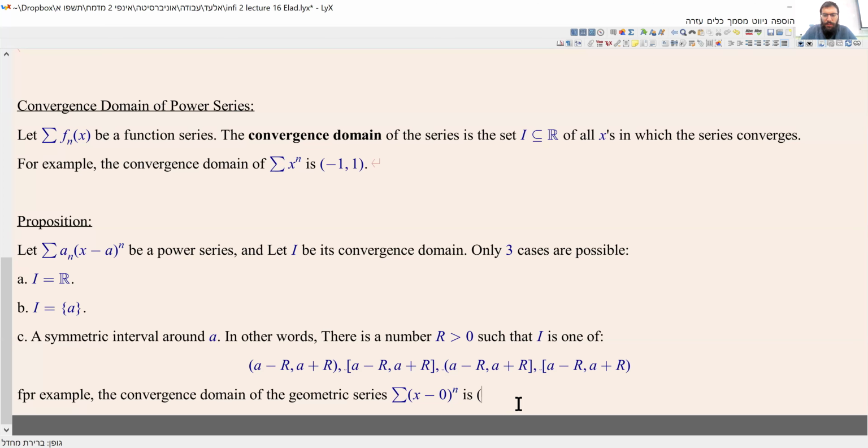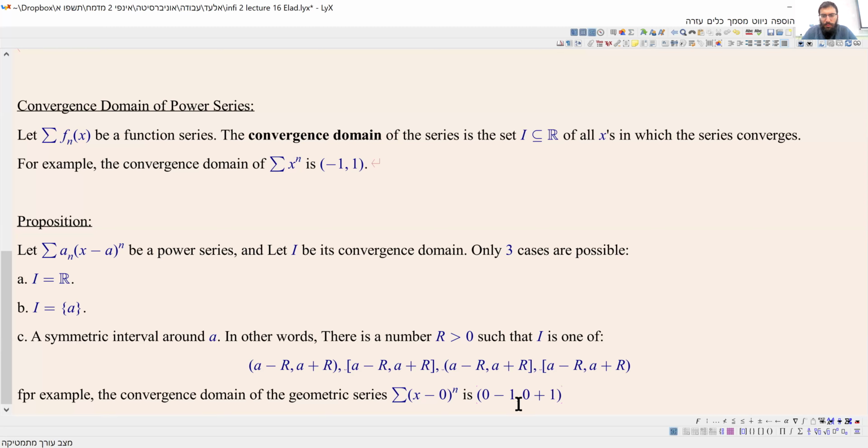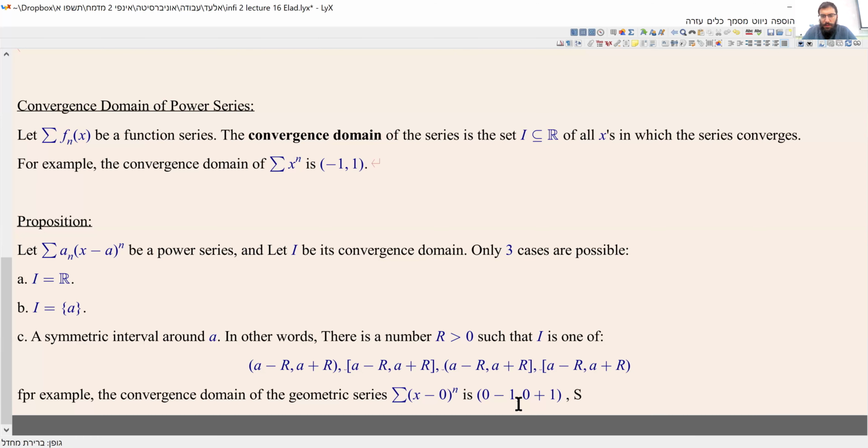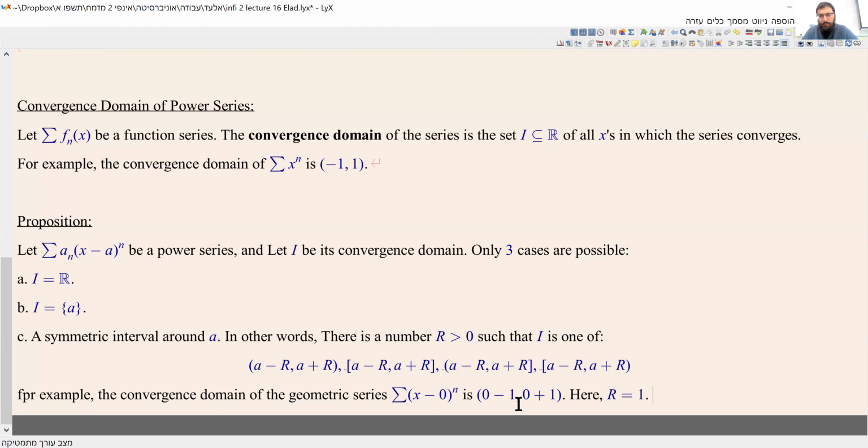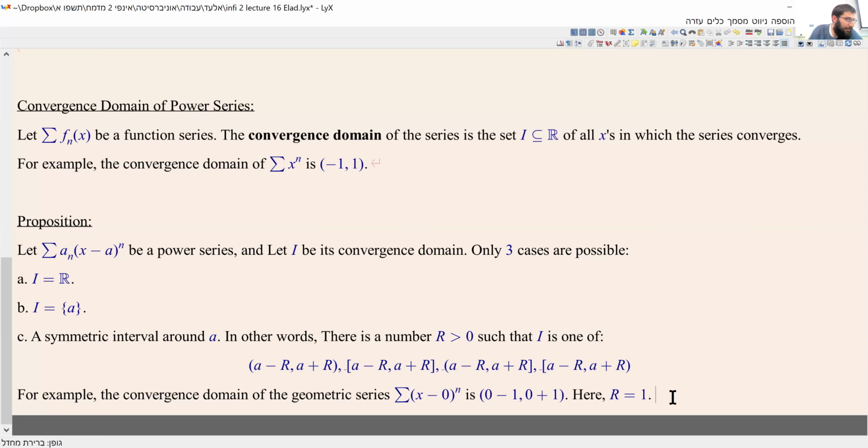It is minus 1 to 1, but one can write it as 0 minus 1, 0 plus 1. So here this R is 1. Take one left, one right from 0, you get your convergence domain. R is called the convergence radius of the power series.